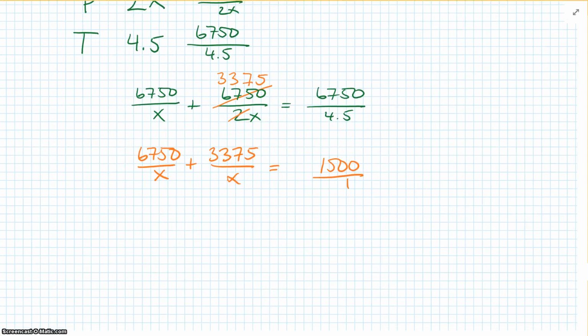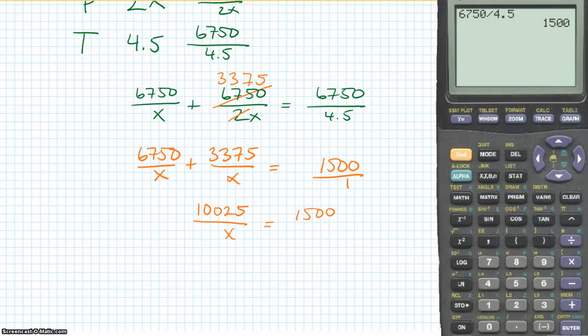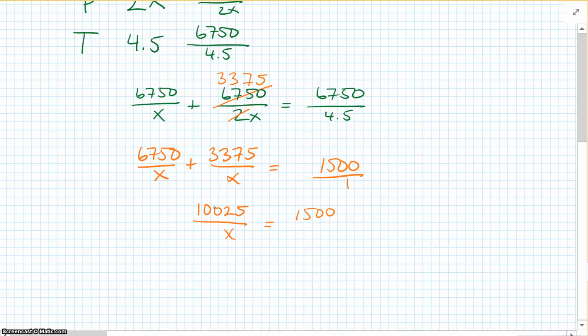So now add like terms. So this is going to be 10,025 over x equals 1,500. Okay, let's just make sure our math's right. 6,750 plus 3,375. I don't know why I'm doubting myself. 10,125. That's why, because I was wrong.